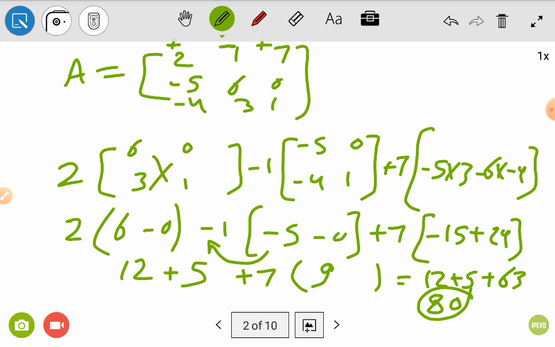This is the value of the determinant. Now, when I give you any matrix 3 by 3 and I ask you to evaluate the determinant of the matrix, it is very easy for you now to get the value of any matrix 3 by 3.